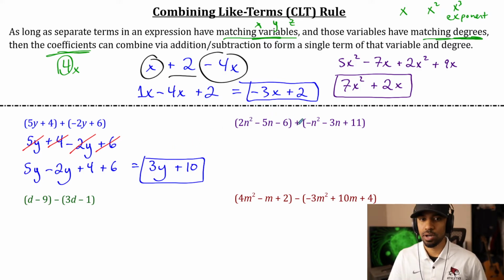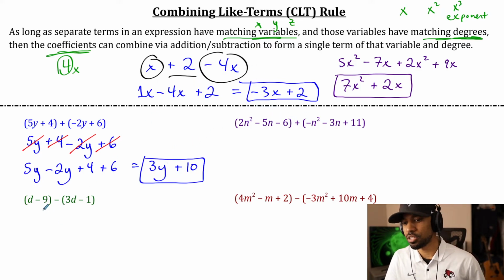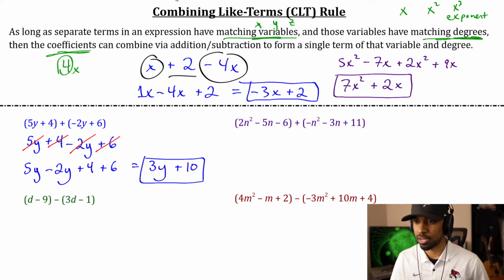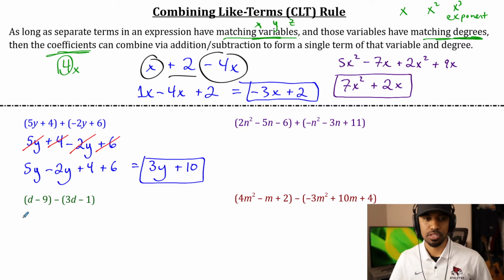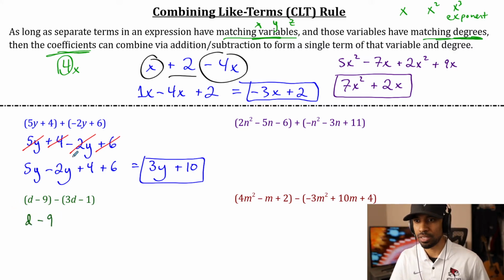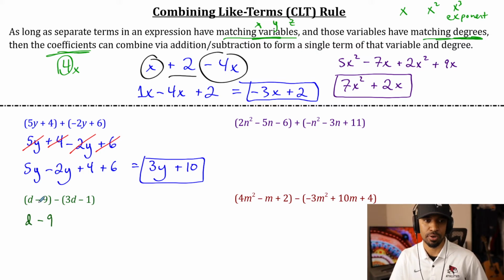All right, let me do one other example here. Well, actually, no. Let's just do the subtraction one. 2 more binomials subtracted. Down here we have d minus 9 minus the quantity 3d minus 1. Now this d minus 9 in parentheses really doesn't mean anything. Once again, I'm not doing anything really to the d minus 9 in parentheses, but now this minus does apply here.